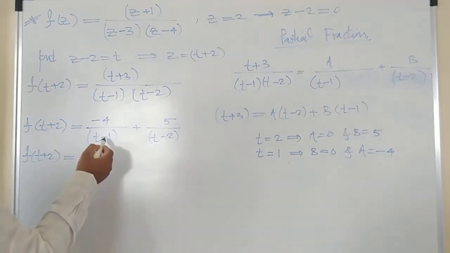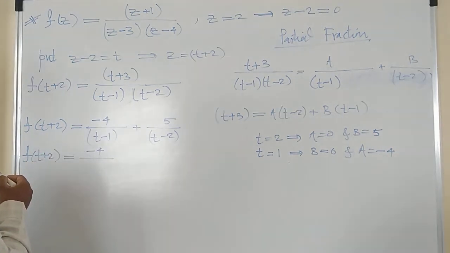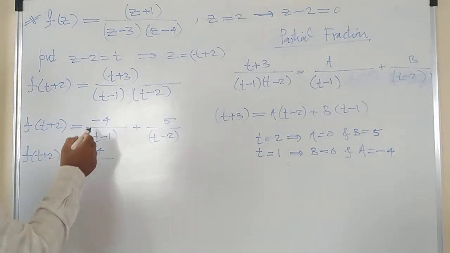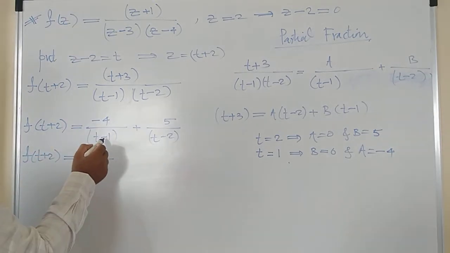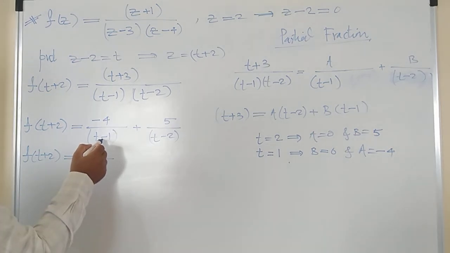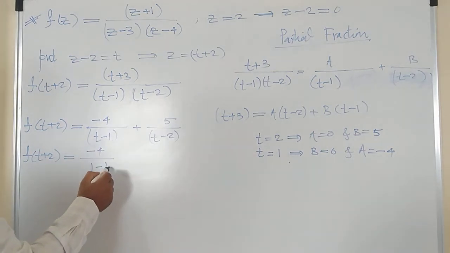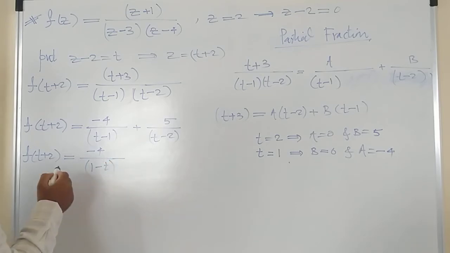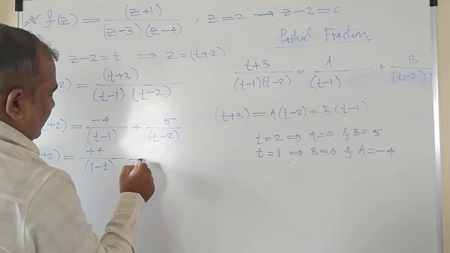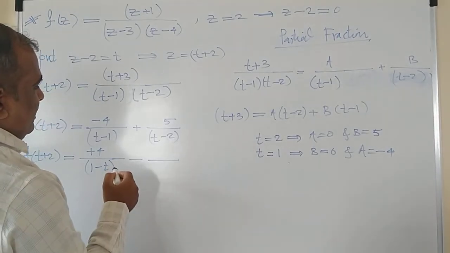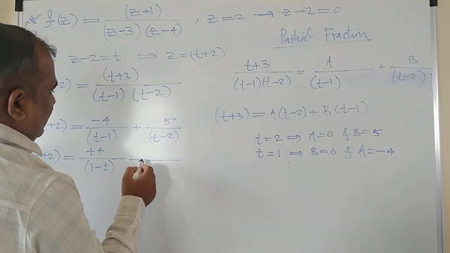minus 4 upon, now I can take out the negative sign common so that this becomes a positive, right? And here you can write this term as 1 minus t. Negative sign taken out common, this becomes a positive, and in this case I can take out minus 2 common.